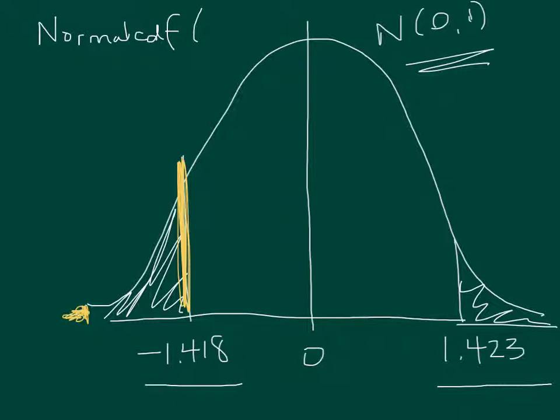If it weren't a standard normal, if you had a different mean and standard deviation, those would be your third and fourth inputs. So here we're going to do a normal CDF where we have negative E99, and I'll talk about that in just a second, and negative 1.418.